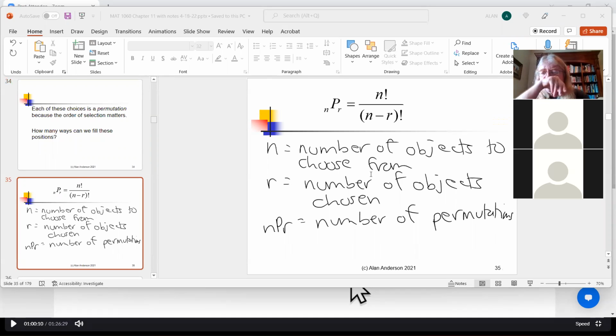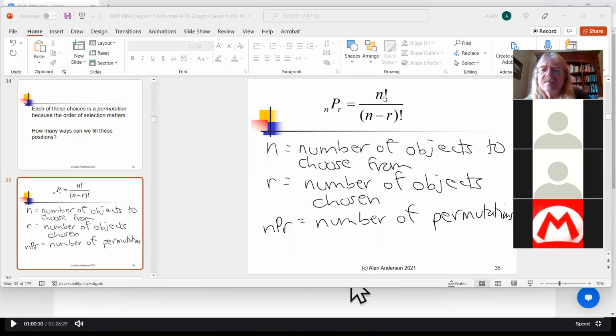Well, here's the formula, which you can do directly yourself with the factorial operator in the calculator. So n is the number of objects that you're choosing from, and r is the number of objects that you're choosing. And you can see how you can just plug in these numbers and come up with whatever result you need. So for the example of the math club, we had 10 students in the class, so n would be 10.